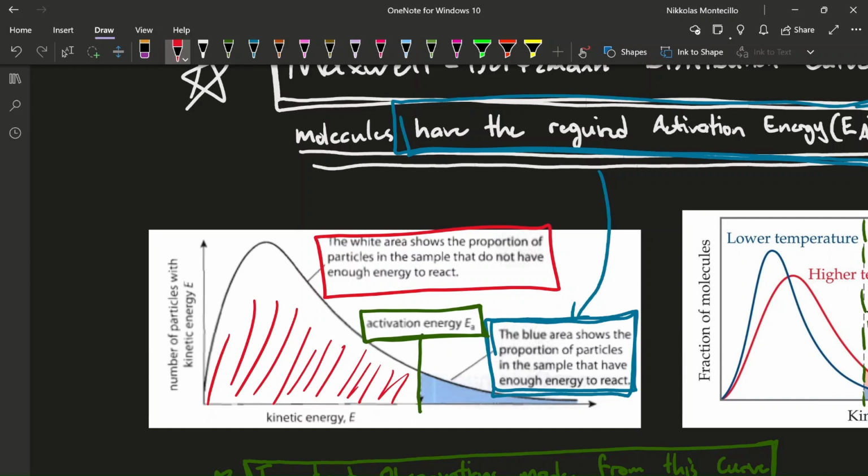So we can essentially deduce that Ek here is less than Ea, the kinetic energy for the proportion of molecules here. And then we can deduce that the kinetic energy here is greater than the activation energy.